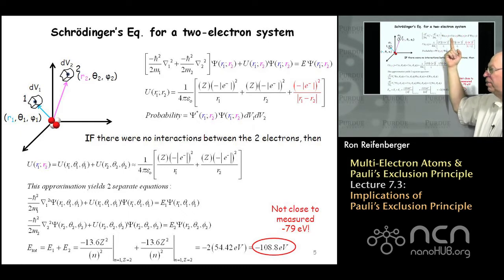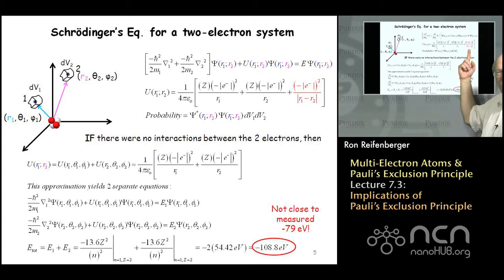But in addition, you have to write down the interaction potential energy that the electrons experience, and that interaction potential energy is going to contain three terms now. Two terms are going to just describe the attraction of the electron to the nucleus. The third term is going to describe the repulsion of the two electrons, one with respect to one another.